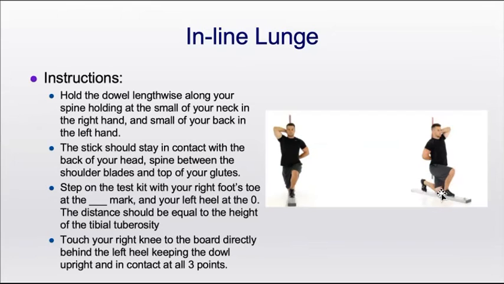That's where they put the back of their heel. Their feet should be in line, so basically tandem along the testing kit. And what the individual does is they descend down into an inline lunge, and they need to maintain that dowel against their back. They also need to maintain a flat-footed stance with their front foot.